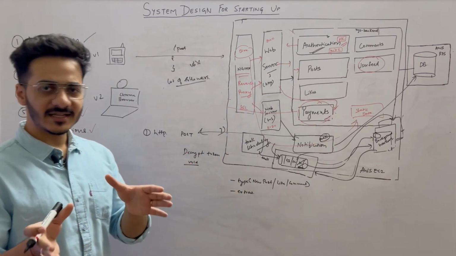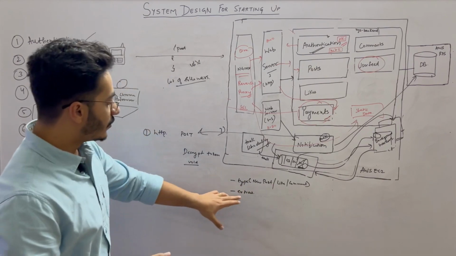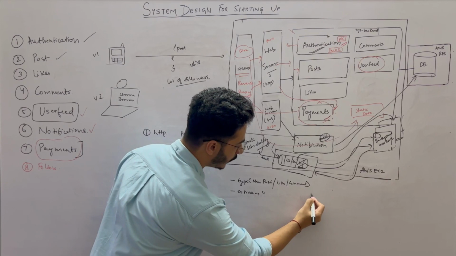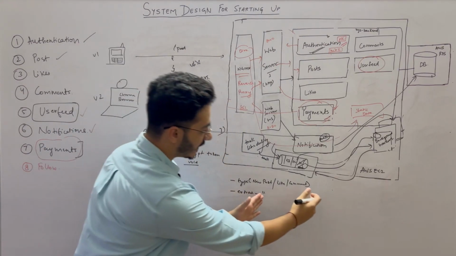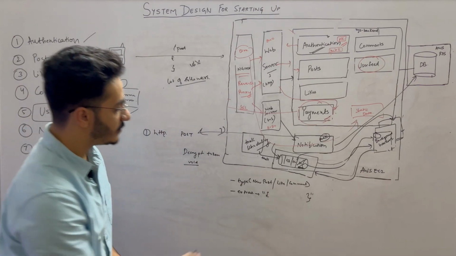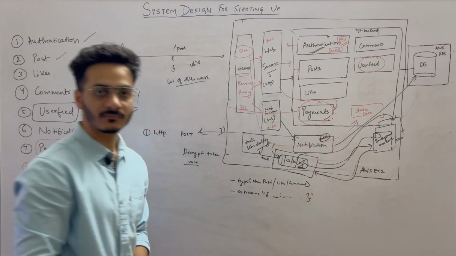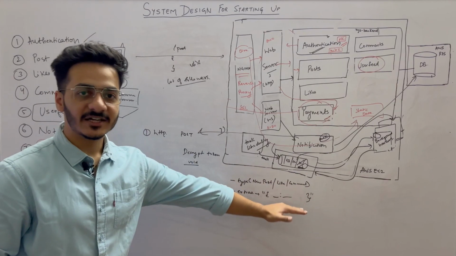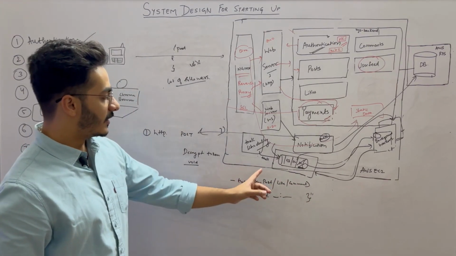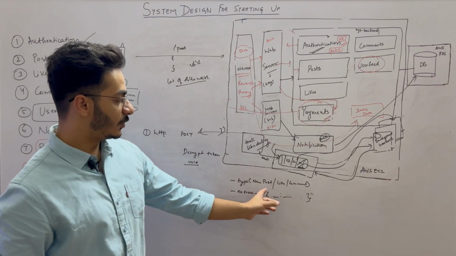But suppose in the starting you don't know, so you can store it in the extras field. Basically you will store it in string format only, but inside the string you will store some JSON format which will have a key and value. So it will be easier to parse those things when you are switching from one type of notification to another.